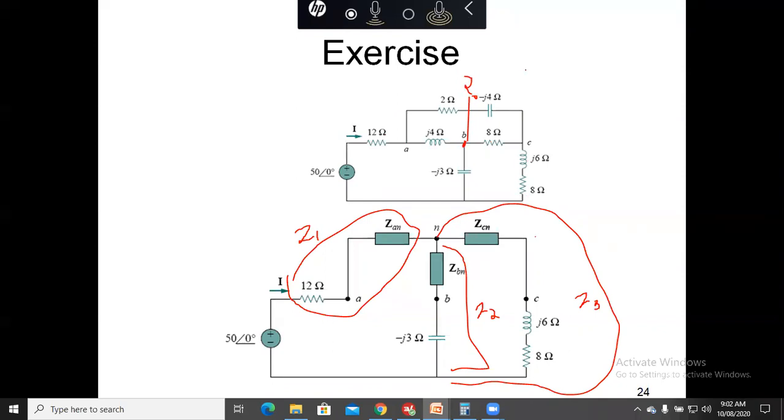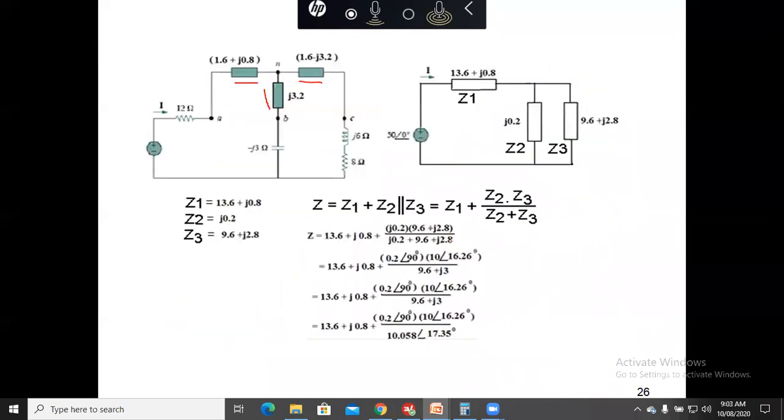But if we make this point common, we are able to split the network into three impedances, which can be easily known. So in complex networks, we have to solve Y to delta conversion. Now it's very simple.